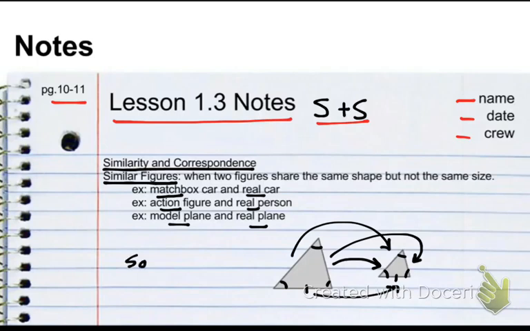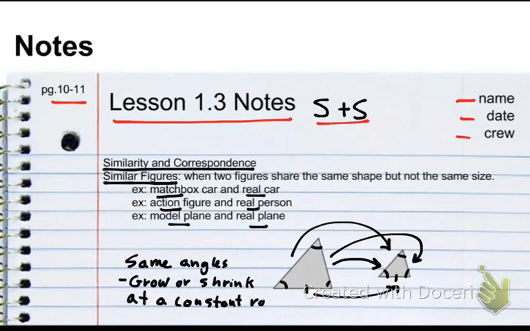They need to have same angles and grow or shrink at a constant rate. Okay, we'll learn more about what that is later. Okay, you just need to have this down. Pause it if you need to before we move on.